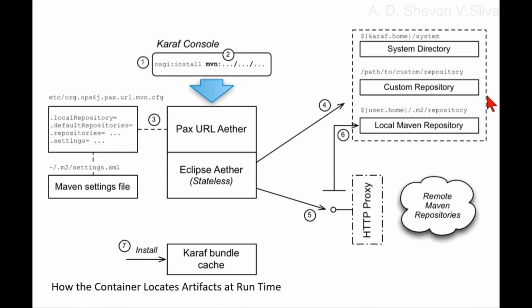If the Maven artifact is found locally, you can skip straight to step 7. In step 5, if the Maven artifact can't be found in the local repositories, Ether tries to look up the specified remote repositories using the list of remote repositories specified in the Pax URL Ether configuration.